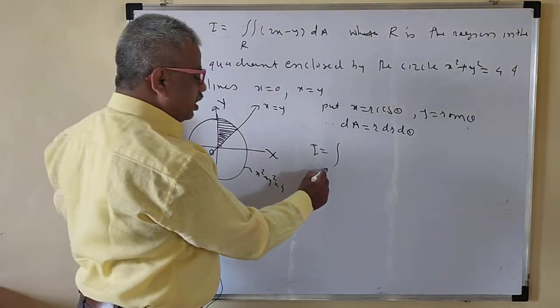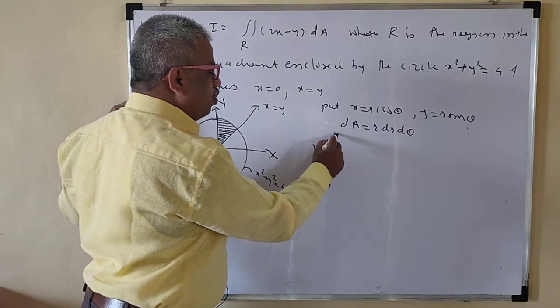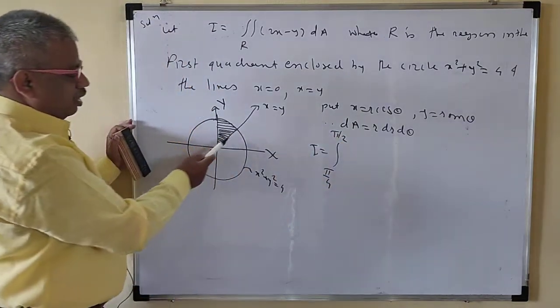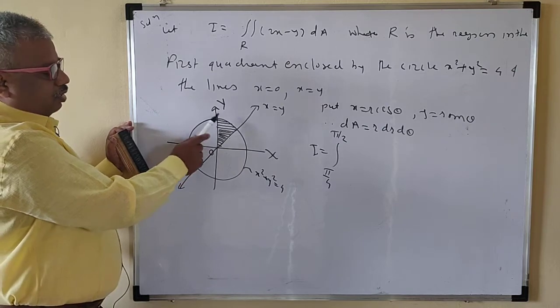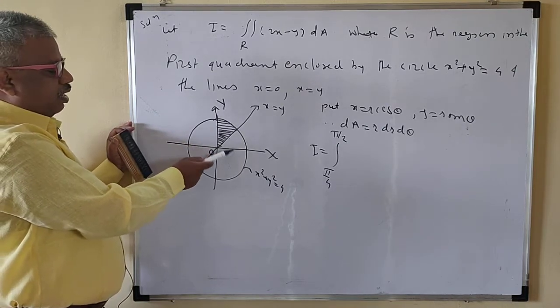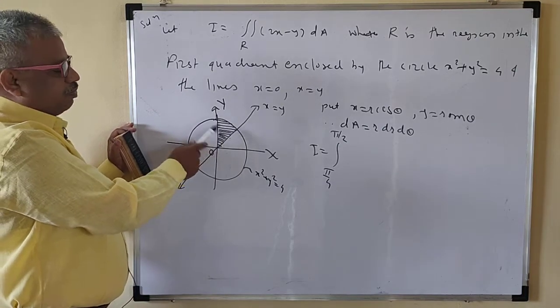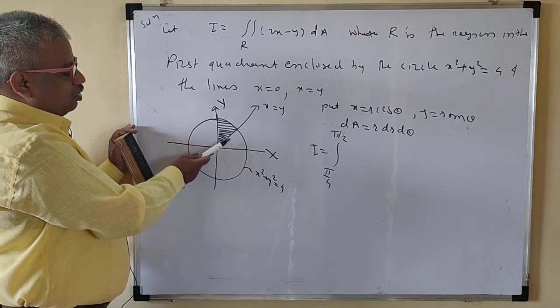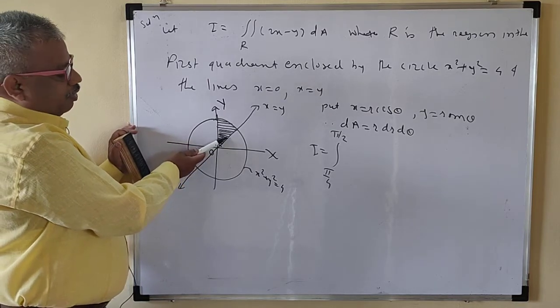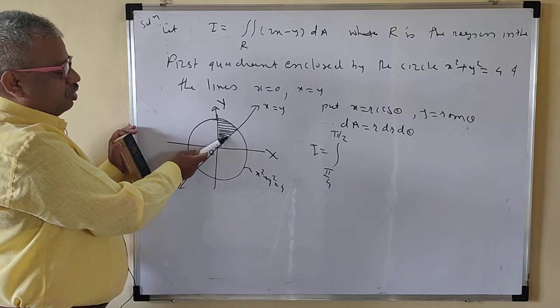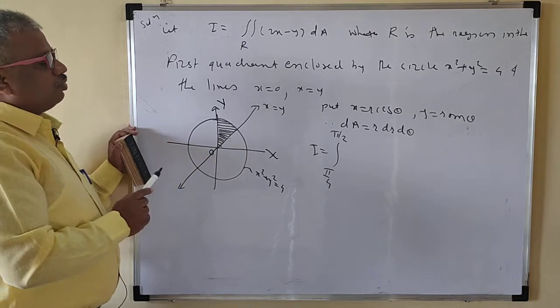Your limit of theta will be pi by 4 to pi by 2, because this line bisects the angle between the x axis and y axis. That means it bisects the first quadrant, right? So this up to this is pi by 4, but your region is from this to this. That means your theta is pi by 4 to pi by 2.